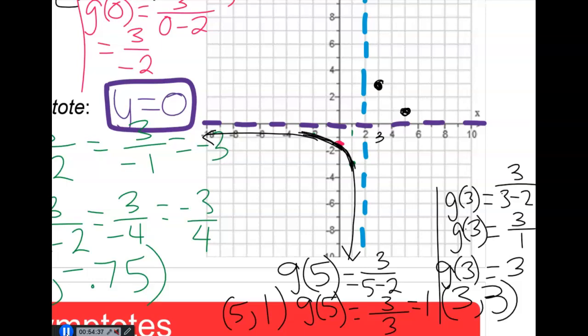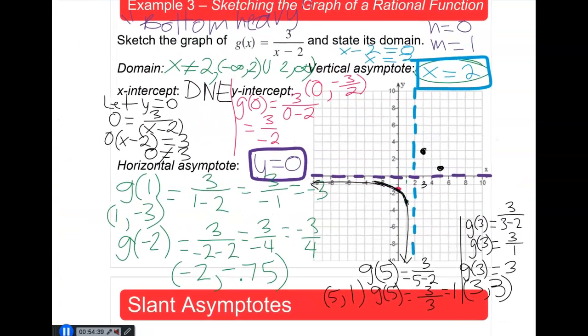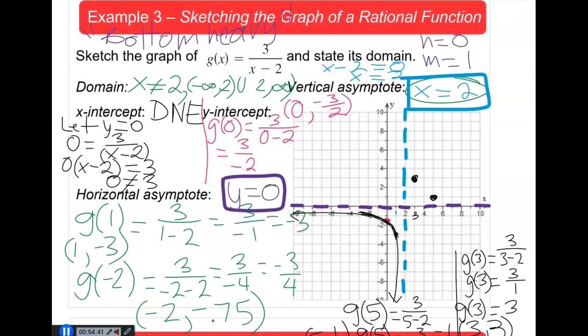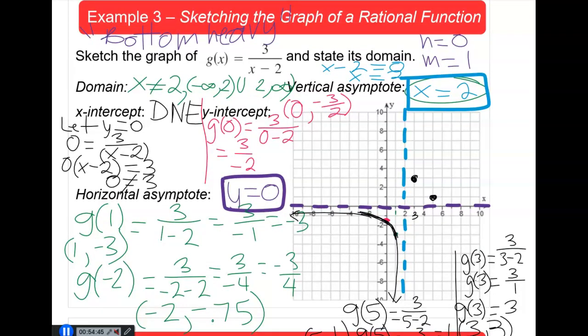Okay, so I'm gonna go ahead and connect the points. Maybe I should find g of 4. So g of 4 is going to be 3 divided by 4 minus 2, which will be 3 over 2.